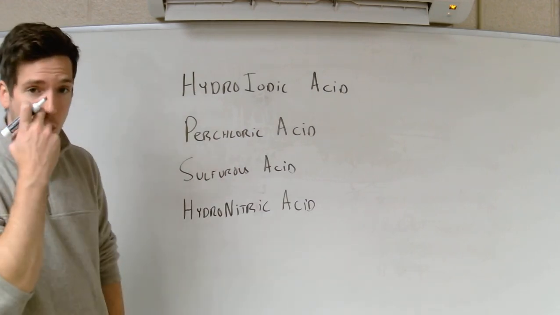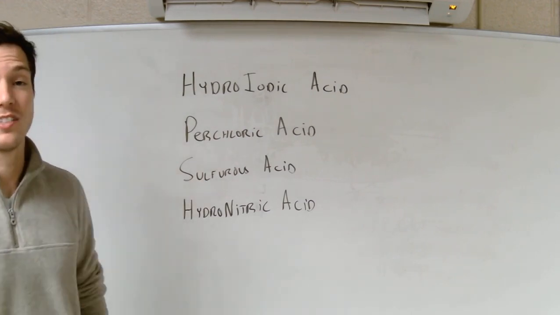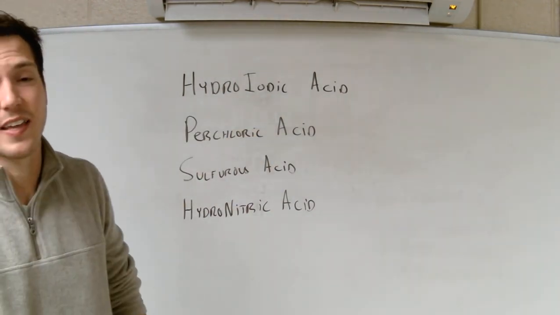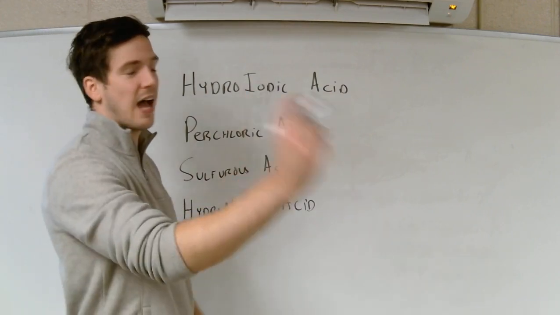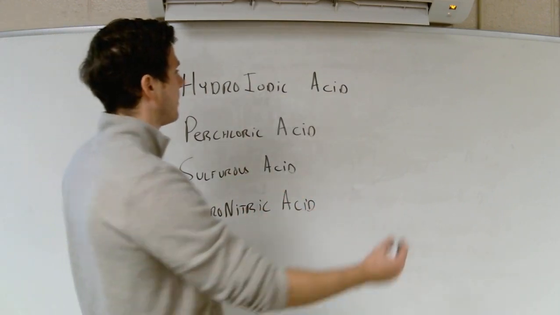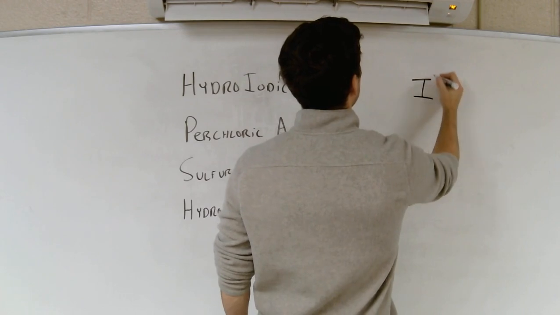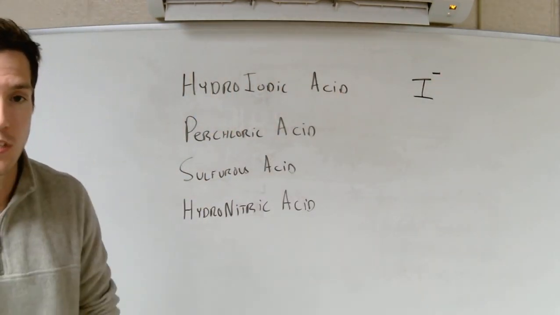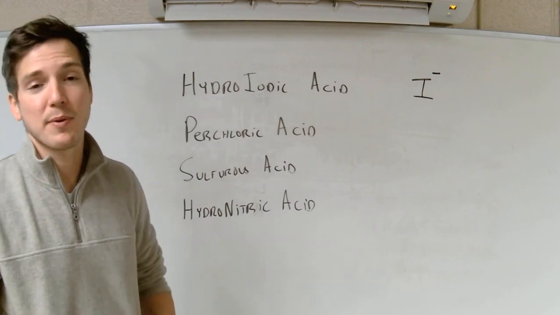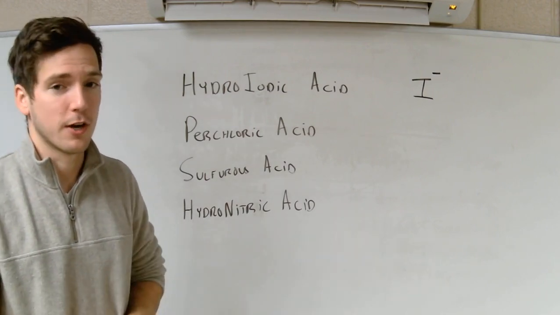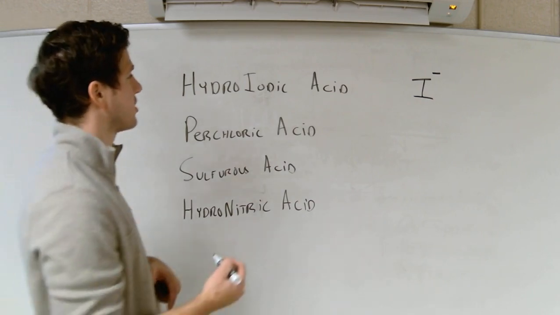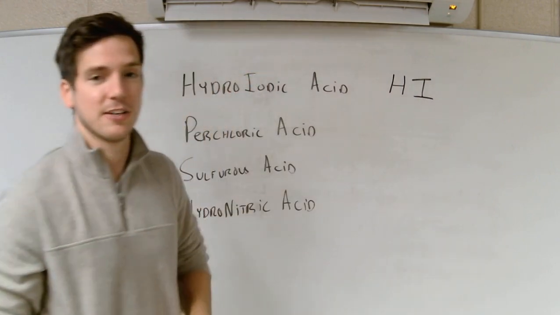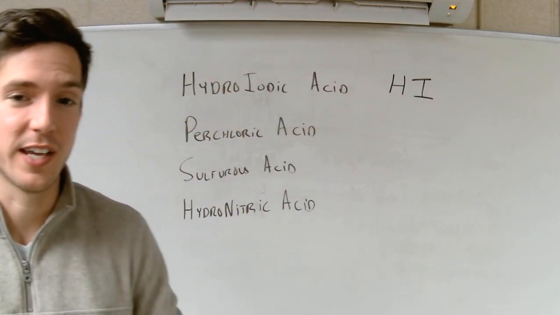Hydro tells me there is no oxygen, so it's just going to be a singular element. Iodic comes from iodine. Iodine has a -1 charge. Well, now I just got to add enough H's to make it neutral. Remember that H has a +1 charge. So to cancel out that -1 charge, I just have to add 1 hydrogen. So that is HI, hydroiodic acid.